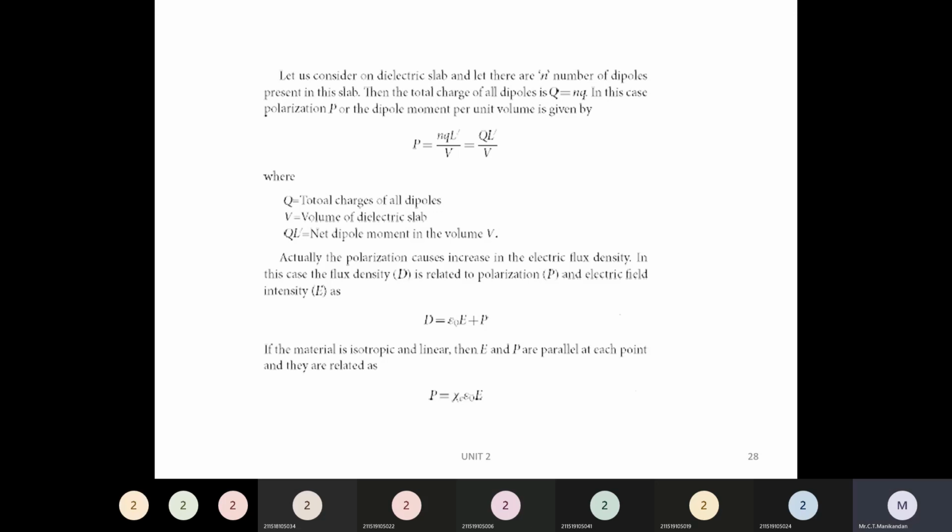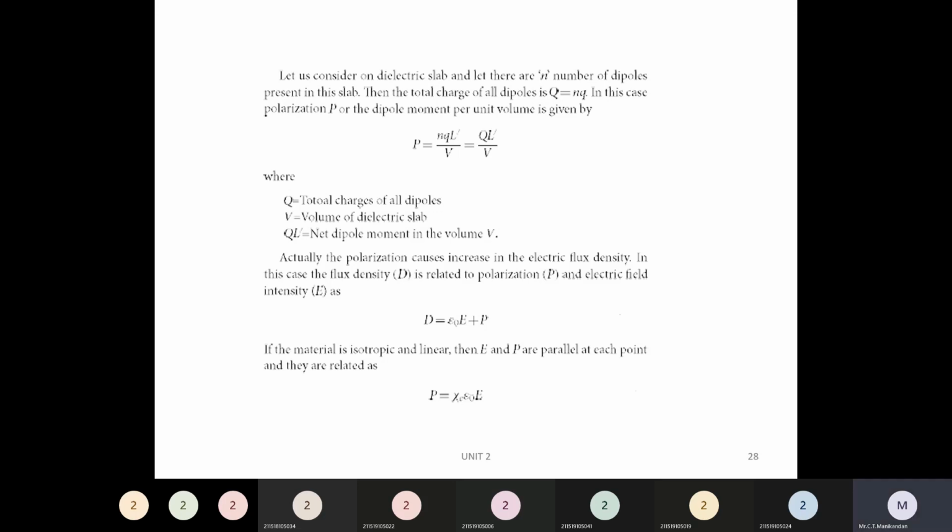In the last classes we have seen the relation between flux density and field intensity, D equal to epsilon naught E. Along with the polarization concept, we have D equal to epsilon naught E plus P. Here we introduce a new term called electric susceptibility or dielectric susceptibility.